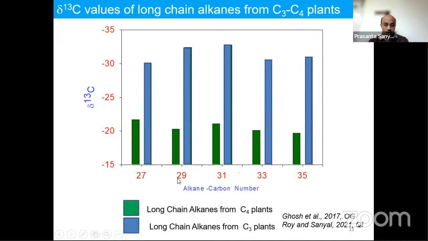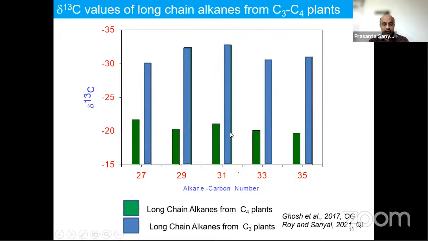So here in this plot, you can see in the horizontal axis we have alkane carbon number like 27, 29, 31, 33, and 35. And the vertical axis is the carbon isotopic composition of these long chain alkanes. And these green vertical bars are for the isotopic composition of the C4 plant, and the blue bar is for the isotopic composition of the C3 plant.